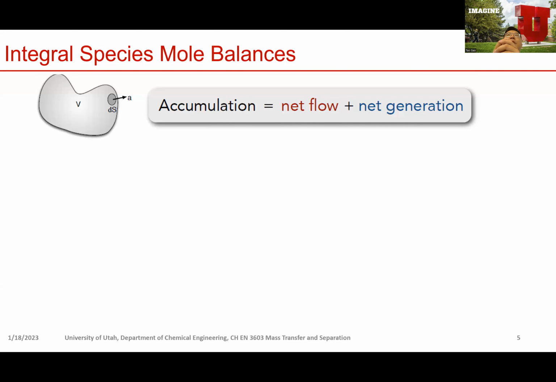And if there is diffusion, which is something we're going to talk about today, then some species will also be carried into the control volume. The second source is generation. If we have some reactions taking place in this control volume, then we'll have a change in the amount of species present in this control volume.